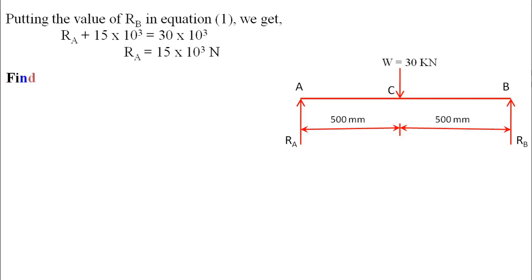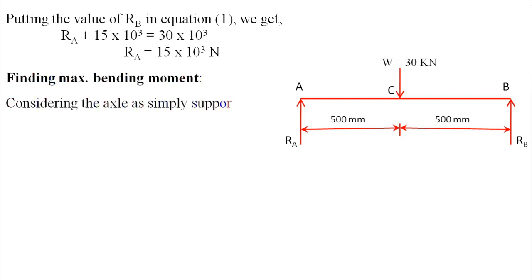Now, we will find bending moment. Considering the axle as a simply supported beam, we know that for simply supported beam, the bending moment at its ends are 0. Therefore, moment at A is equal to 0 and moment at B is equal to 0.